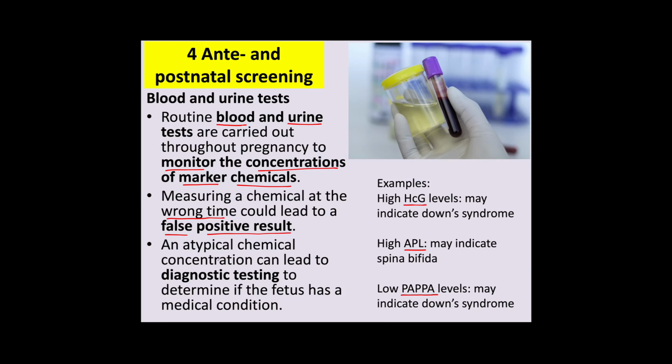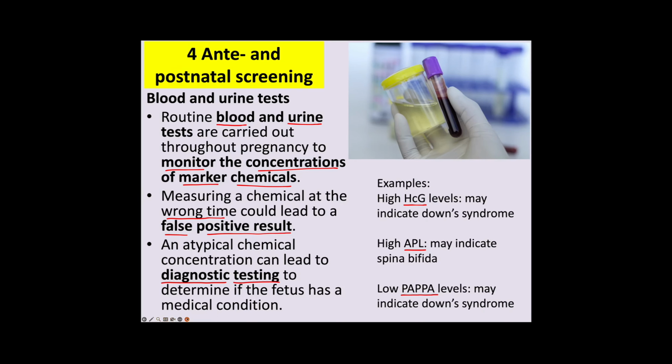When we do get an atypical chemical concentration, so something that we don't expect, like the high HCG, high AFP, or low PAPP-A, if we get one of those, that can lead to something known as a diagnostic test taking place. And a diagnostic test is a test to diagnose formally the condition that the developing fetus may well have, to see if they've got a medical condition.